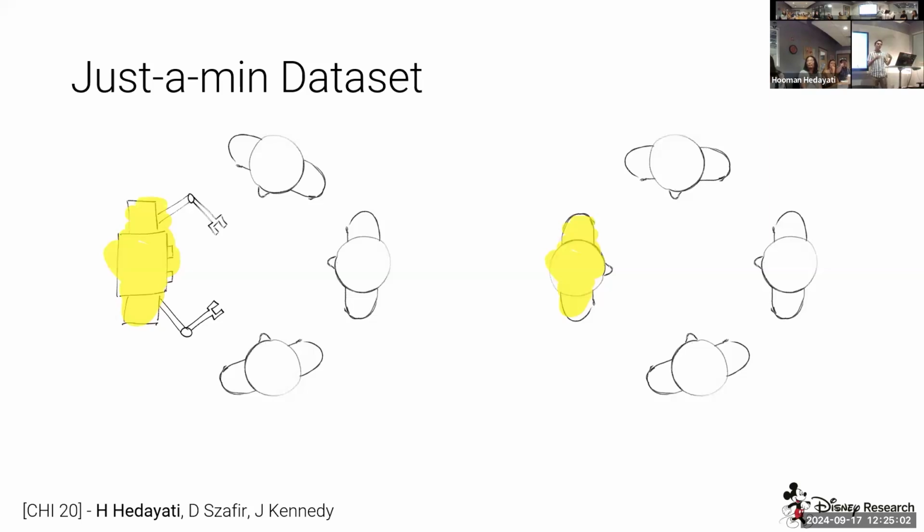Another is tightness, how close people are toward each other. We found that many features change these two.